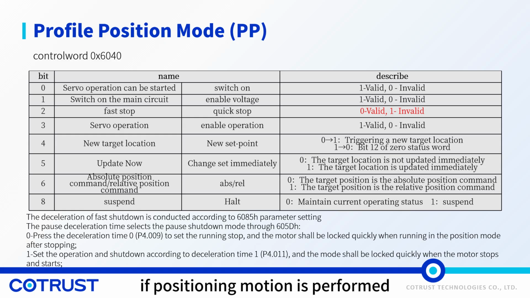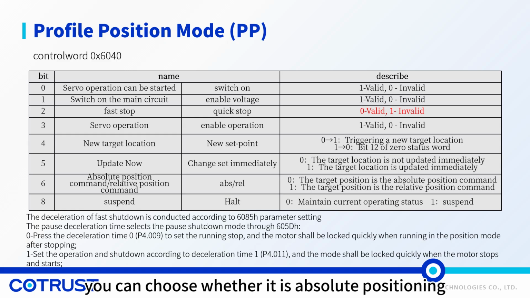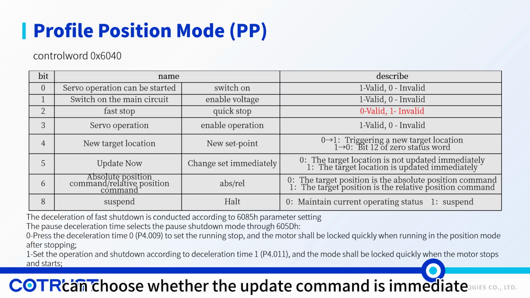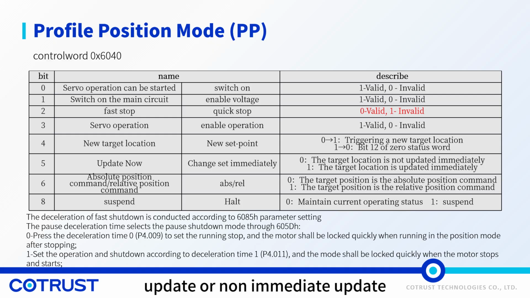If positioning motion is performed, you can choose whether it is absolute positioning or relative positioning motion through bit 6. And then bit 5 can choose whether the update command is an immediate update or a non-immediate update. This will be illustrated later. After giving the position through 607A to make the servo move, you need to give a command through bit 4.